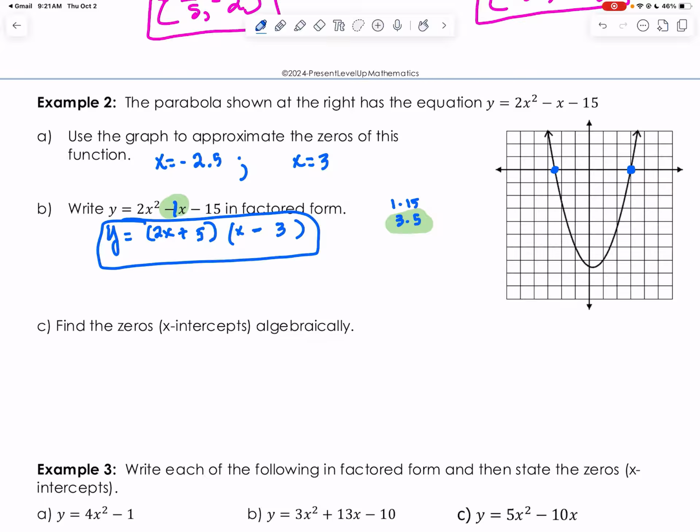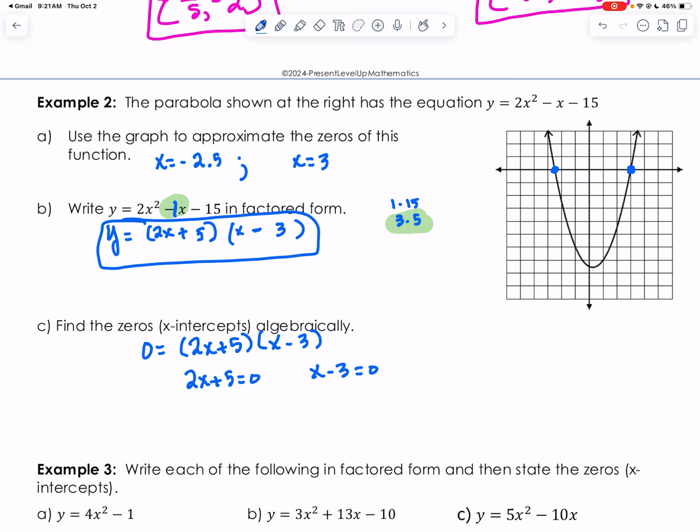All right, problem C. Find the zeros, or x-intercepts, same thing as x-intercepts, algebraically. So to do that, I'm going to make the y equal to 0, and I'm going to solve this. So to solve it, you're going to take each factor and make it equal to 0.